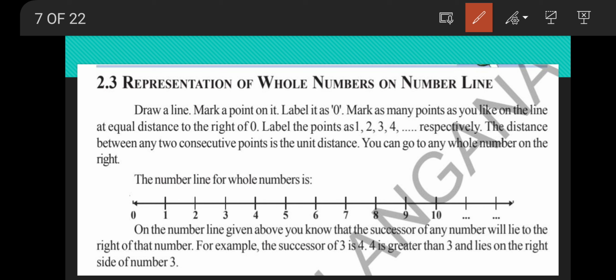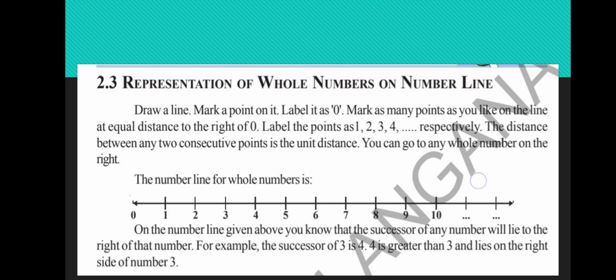Here the important point is the distance between any two consecutive points is the unit distance, means it will be the same. So you can go to any whole number on the right. On the number line given above, you may notice that the successor of any number will lie to the right of the number.